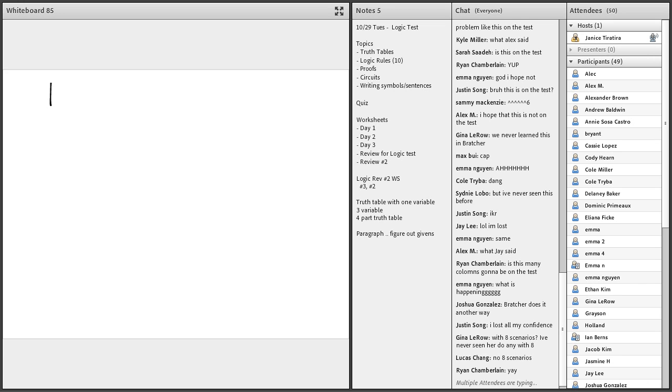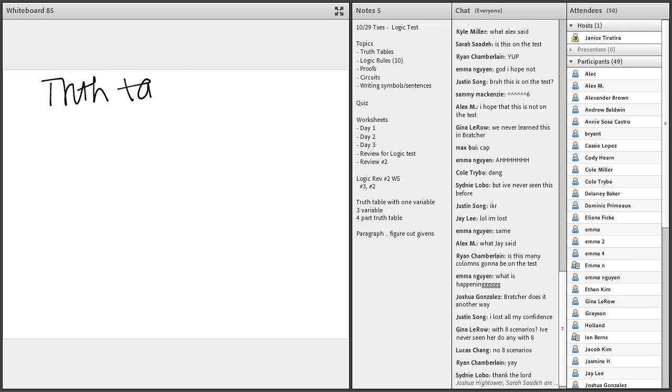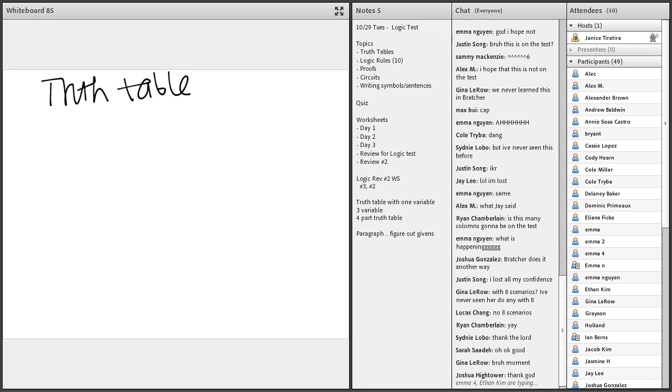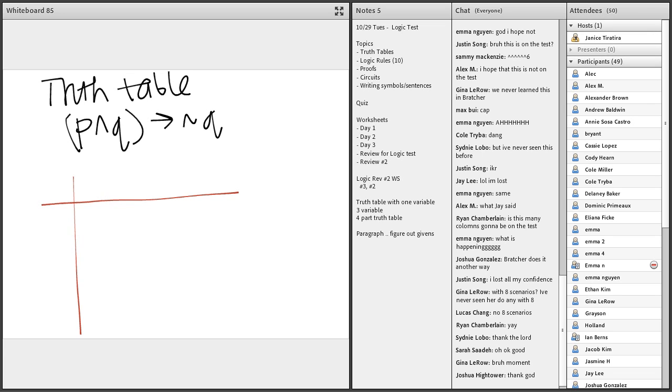Okay, so here's back to truth table, something you're familiar with. So let's find the answer to this truth table, and it is the following. We are going to find the answer of P and Q. If P and Q, then not Q. Okay, so step 1, you look at your letters and say there's only 2 letters, so there will be 4 scenarios.